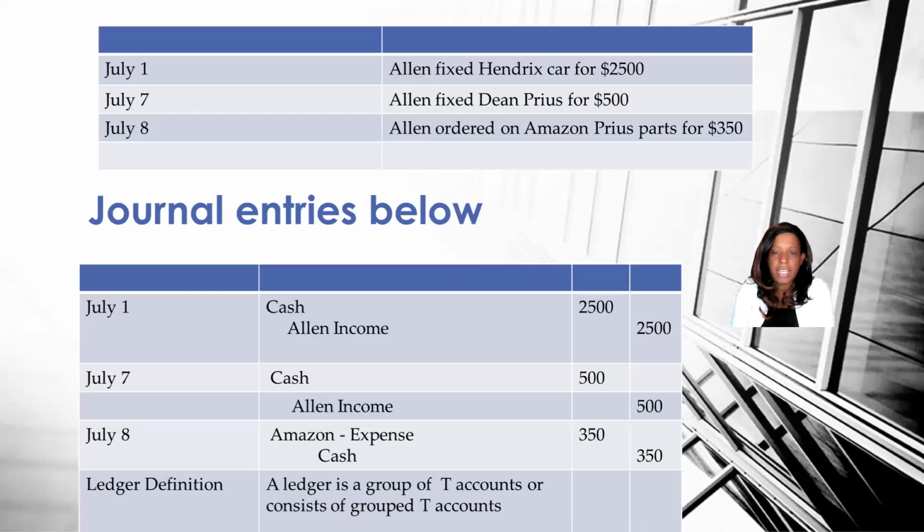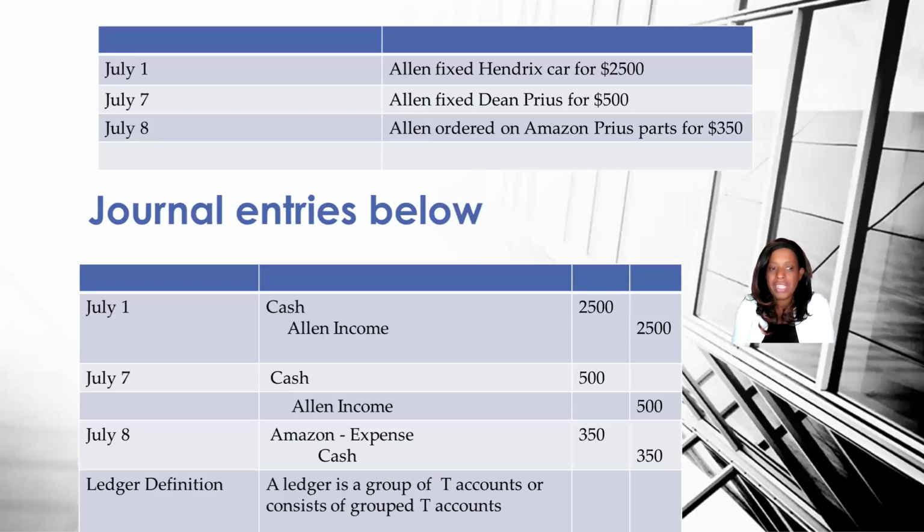Then Allen has to order parts on Amazon, so we put the expense for Amazon and we take the money out of cash. So these are what we call a journal entry. We are going to use this journal entry to move it from the journal into what we call the T account.